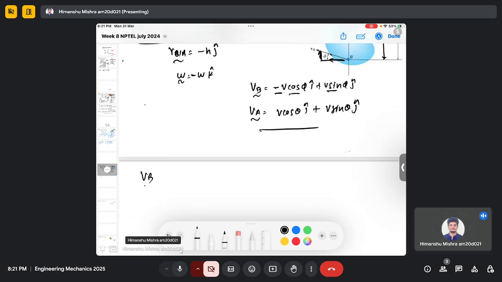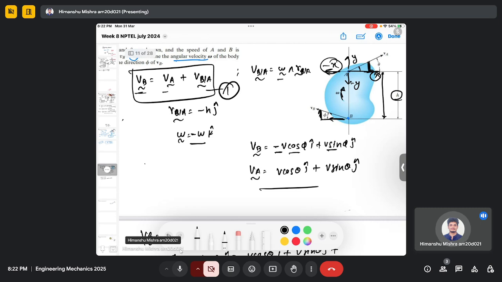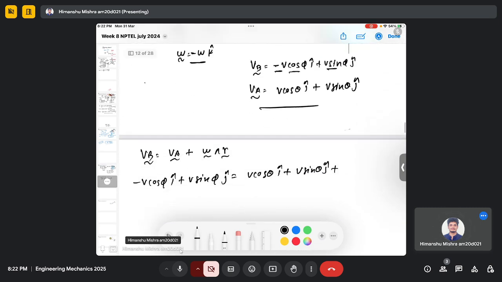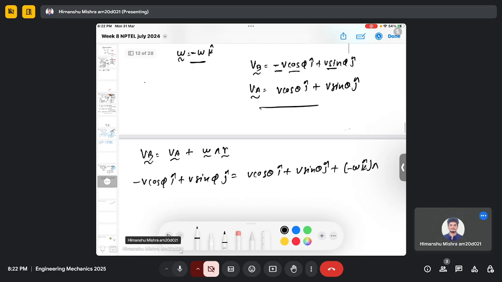So VB equals VA plus omega cross R. VB is minus V cos phi i plus V sin phi j, equals V cos theta i plus V sin theta j. And what is omega? Omega is minus omega in the z direction, so it is minus omega k, cross product with the displacement vector, which is minus h in the y direction, minus hj.